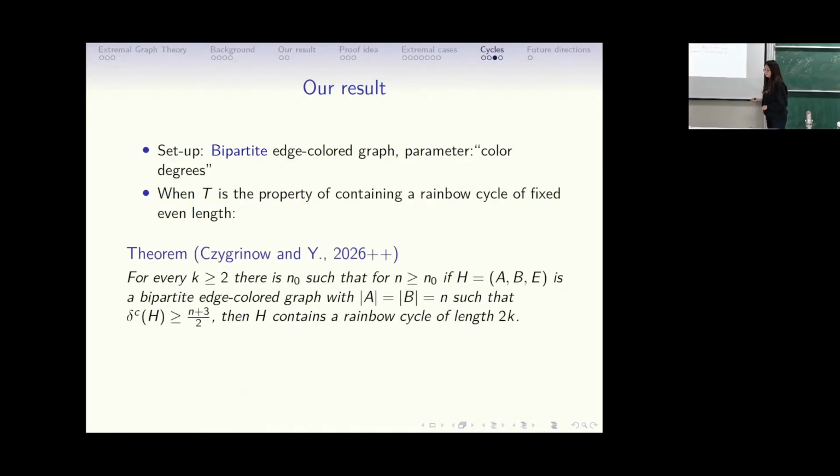In an ongoing manuscript, we can show that if the degree is, roughly speaking, a quarter of the total number of vertices, then H contains a rainbow cycle of length 2k.